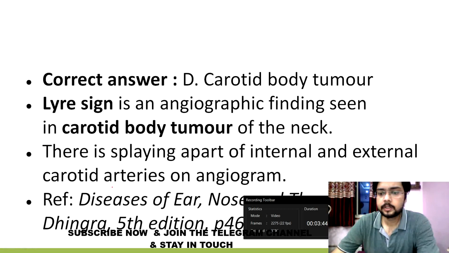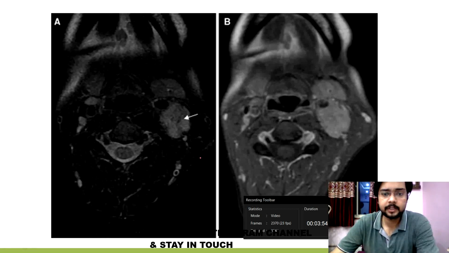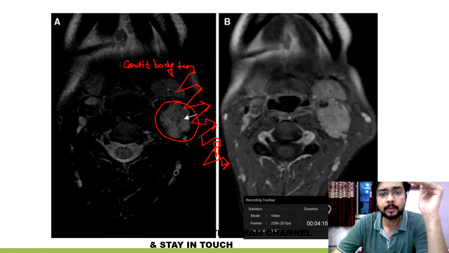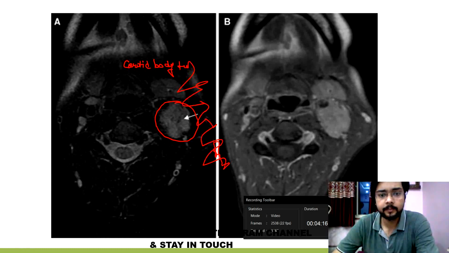It is the tumor splaying the internal and the external carotid arteries. Now tell me, what finding are you getting if you see a carotid body tumor on axial section and you are seeing another peculiar sign?